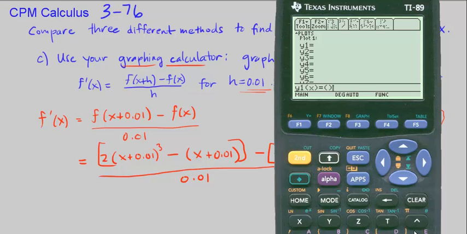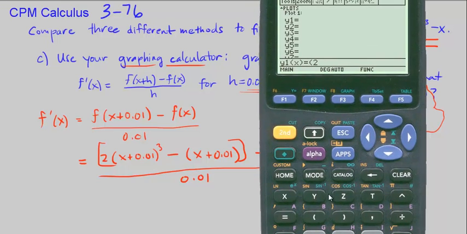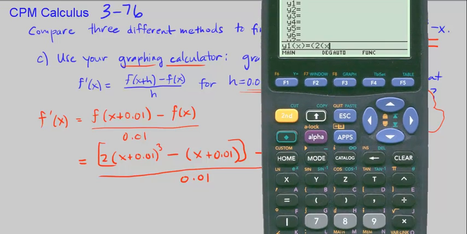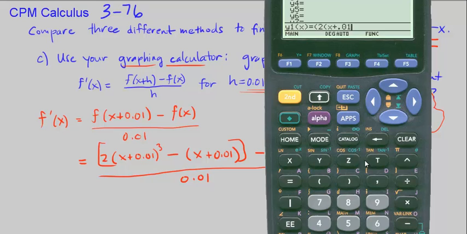I have 2 times x plus 0.01, right? 2 times x plus 0.01 cubed minus x plus 0.01, right? So that's our first term.